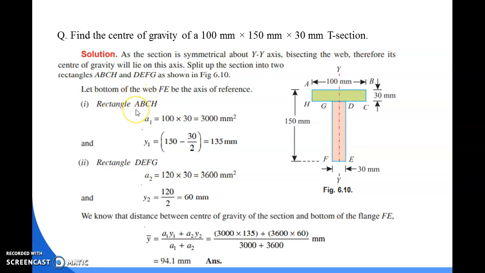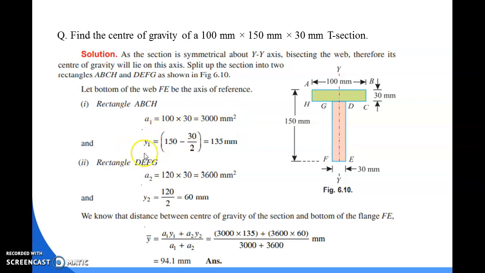So first of all, for the first section, that is the flange section, we have to find out the area and the centroid, that is y1. So for section 1, you can see that it is a rectangular portion. So the area of the rectangle should be 100 into 30, which is equal to 3000 mm square.